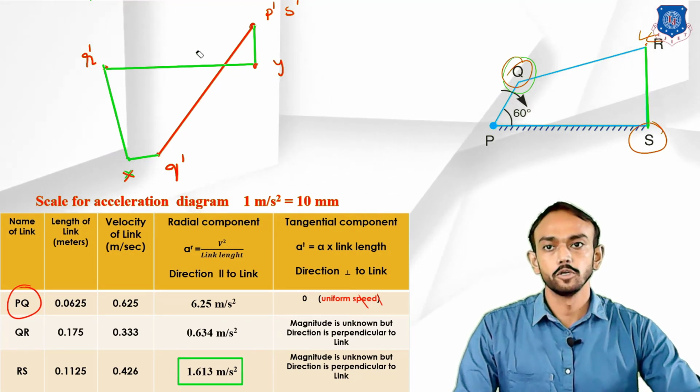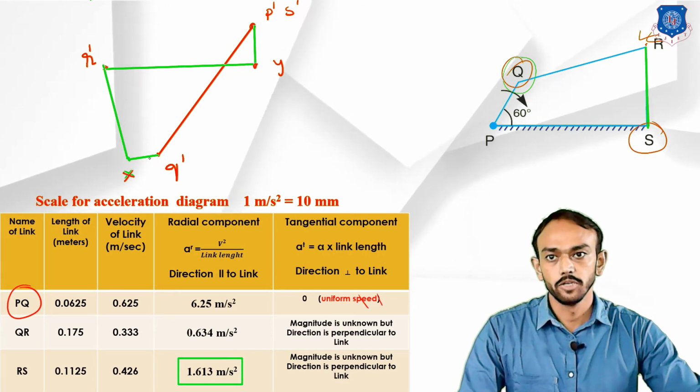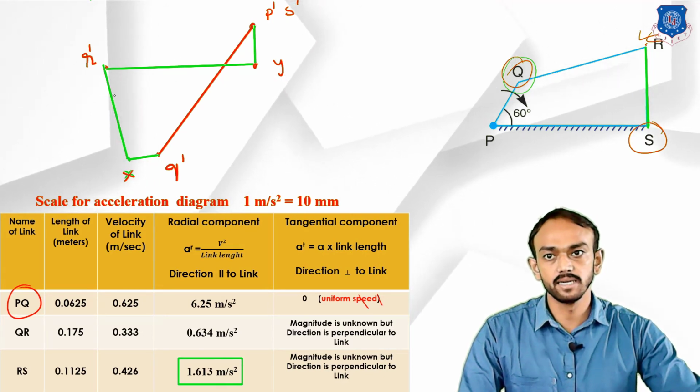As you can see on the screen, this is the radial component and this is the tangential.